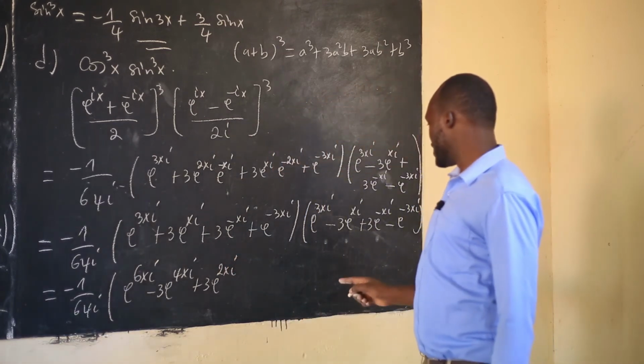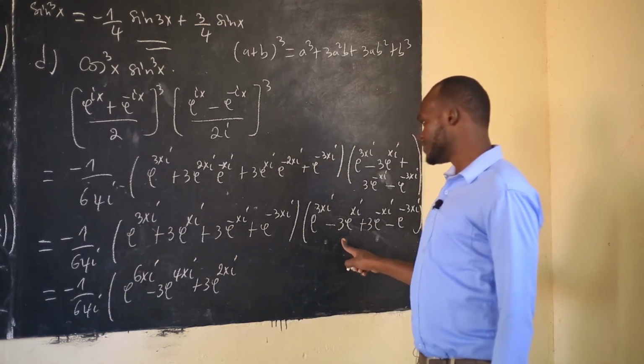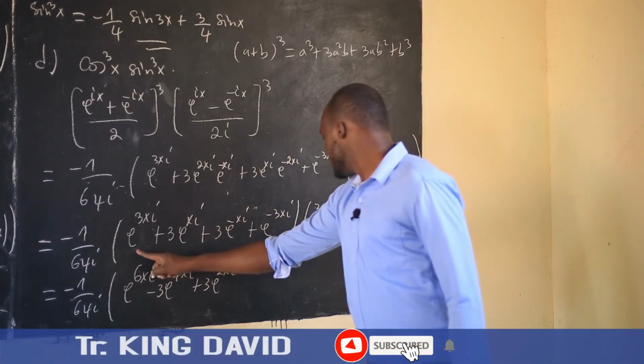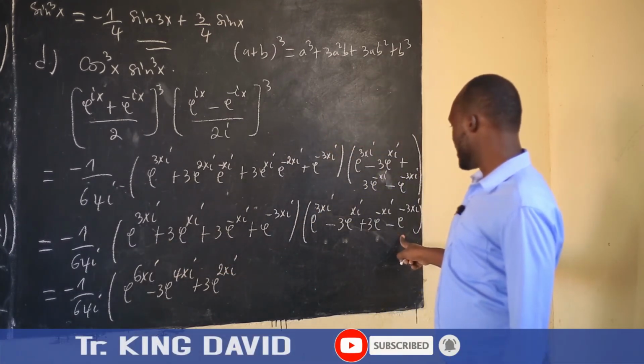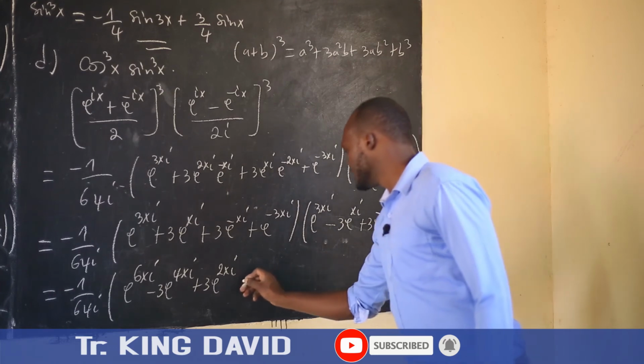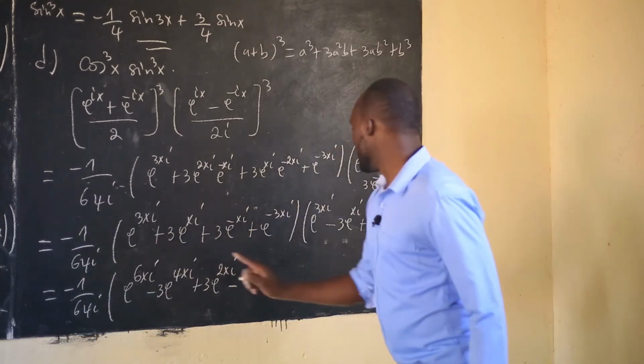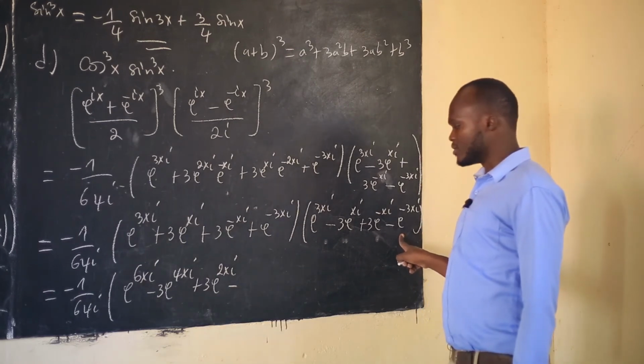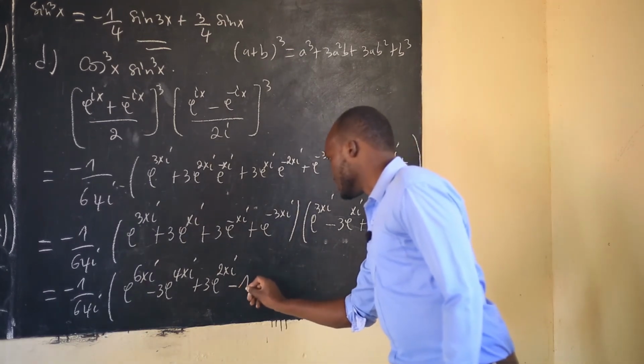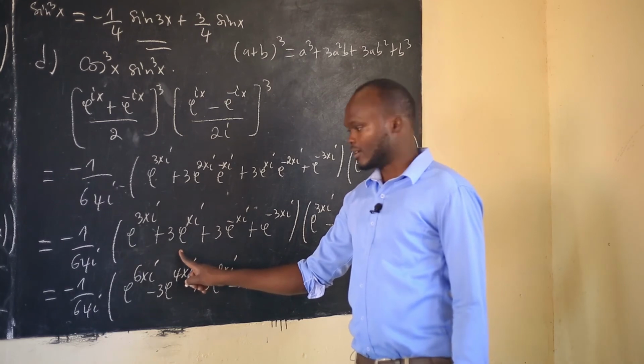Remember, when you multiply exponents, we just add powers. Then this one times this, that is minus e^0, which is 1. That's minus 1.